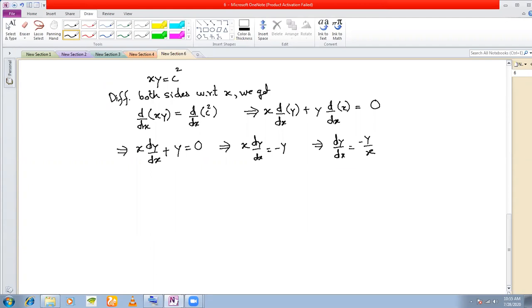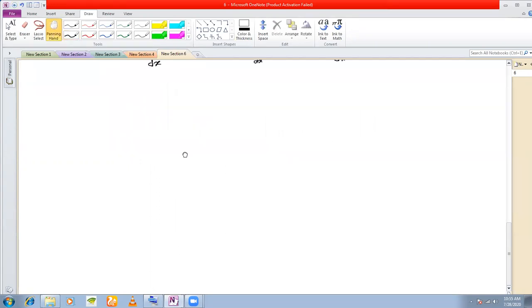Let us do this. X cube, this type I had shown you that day. X cube plus 8xy plus y cube is equal to 64.